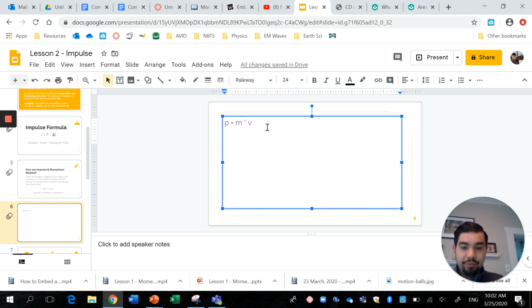We also know that acceleration is equal to velocity divided by time.